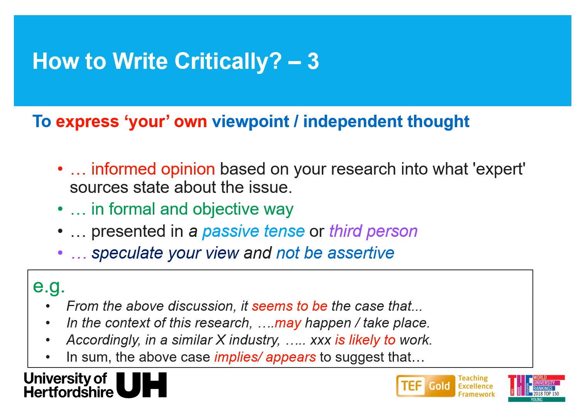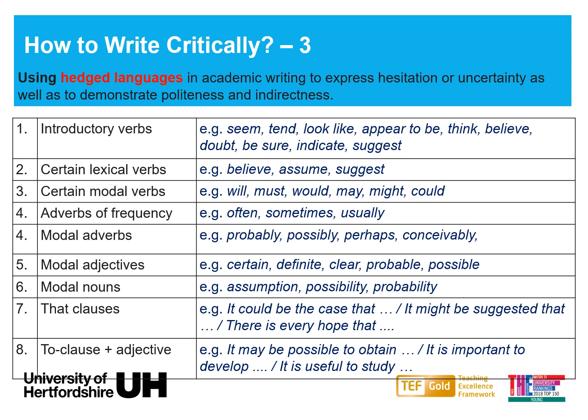These are all very tentative and speculate your views based on the evidence you have collected, and other people who collect different evidence or different literature might have a slightly different view from yours. All this tentative language is called hedged language in academic writing, which expresses your hesitation or uncertainty, as well as demonstrating your politeness and indirectness.